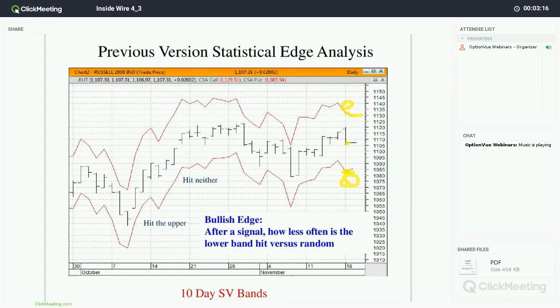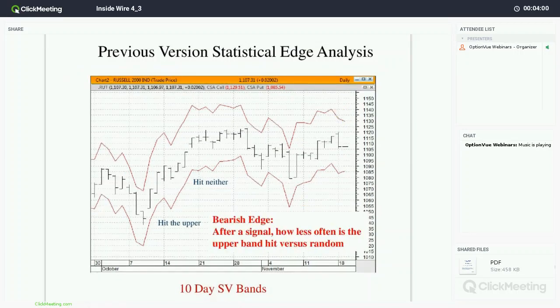The question was, after the signal, how much less often, let's say in a bullish situation, does the lower band get hit? We want to know if there's an edge to selling premium down here. If a signal fires and it has some validity to it, say a bullish signal, then on past occurrences of that signal the lower band should get struck less often than the random historical benchmark of every close going back for any given asset.